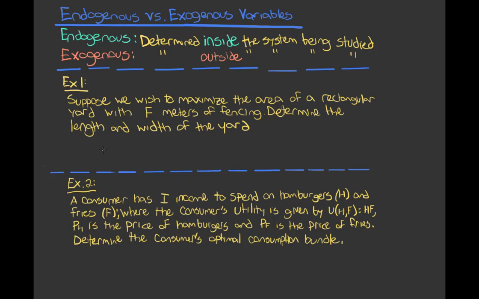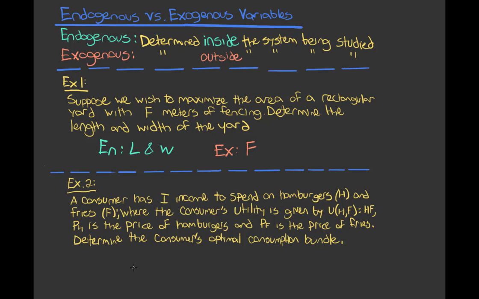Now, since we are choosing the length and width of the yard that will maximize the area, the endogenous variables are going to be length and width. Furthermore, since we are given the number of meters of fencing that we have to work with, the exogenous variable in this situation is going to be the fencing.